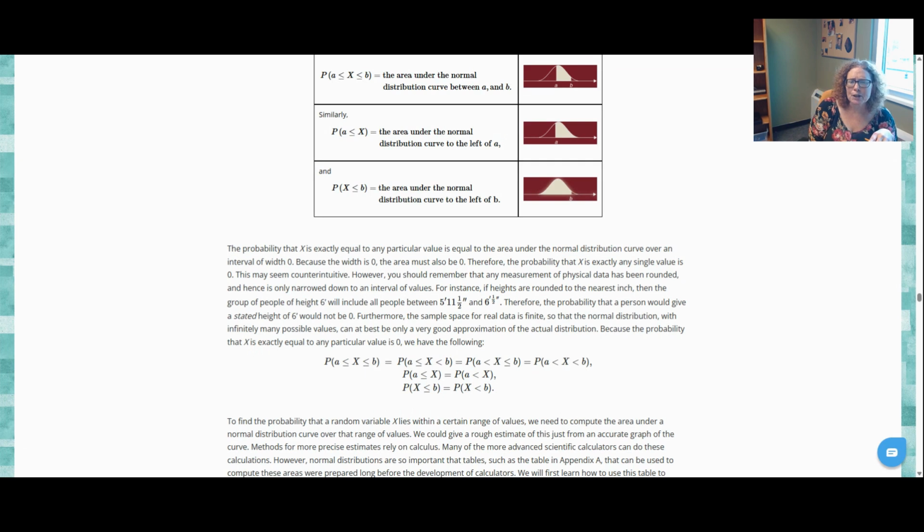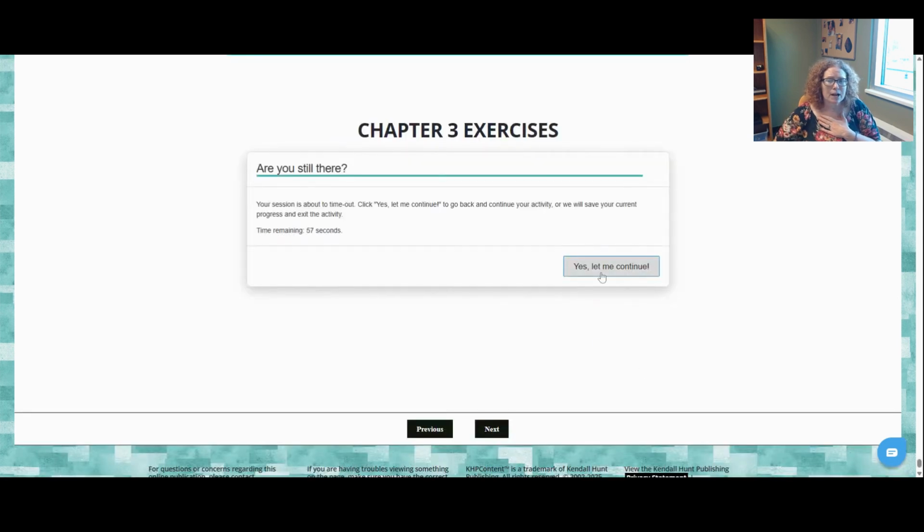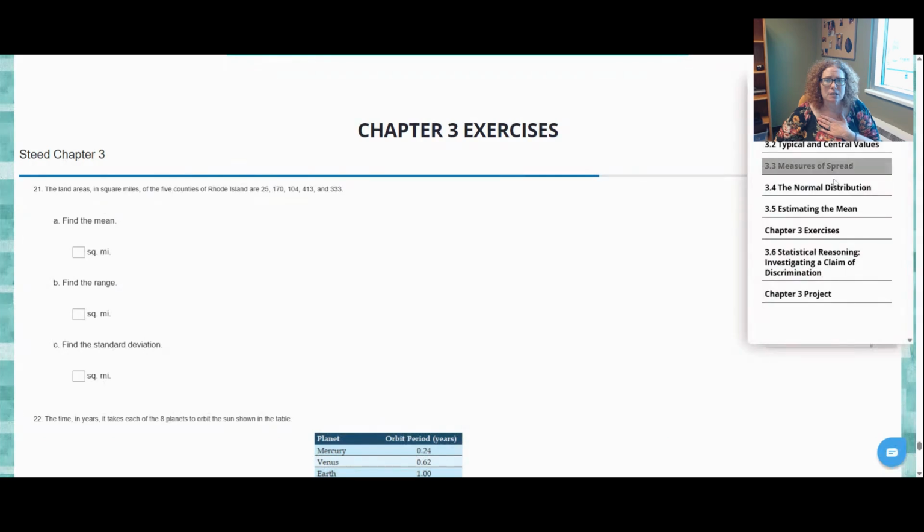So if we have a group of people of height 6 foot, we're probably including people from around 5 foot 11 and a half to 6 foot and a half inch. If they had a stated height of exactly 6 feet, that's less likely. That's why we have this range of values, and it's not very likely at all that the number will be exact.